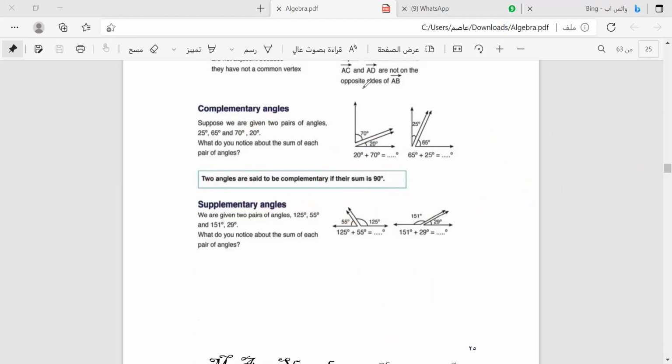Complementary angles: two angles are said to be complementary if their sum is 90 degrees.